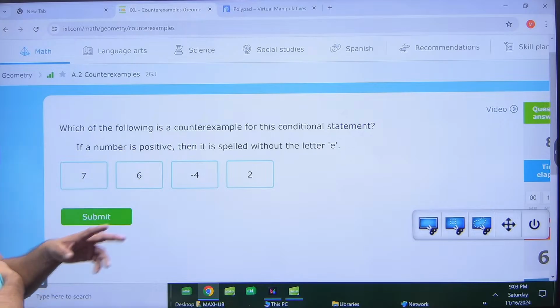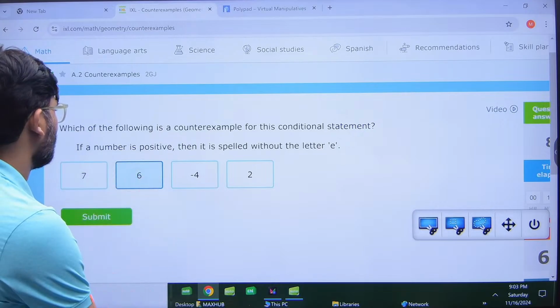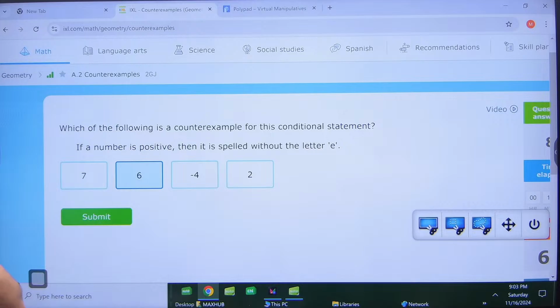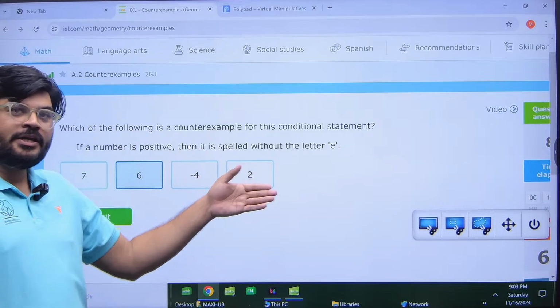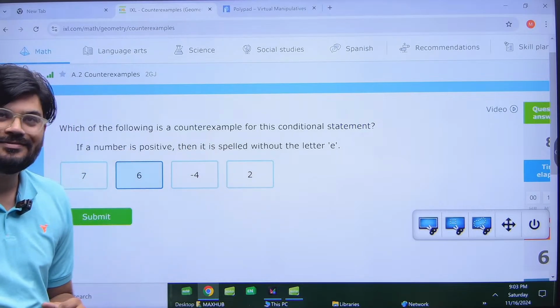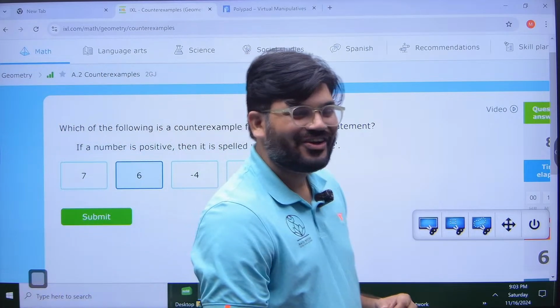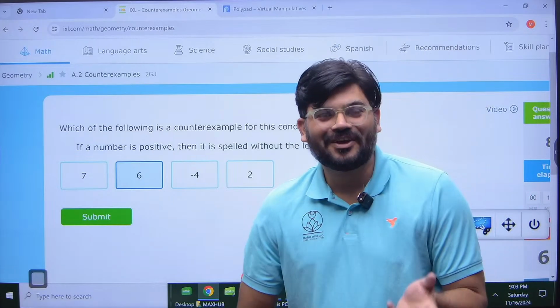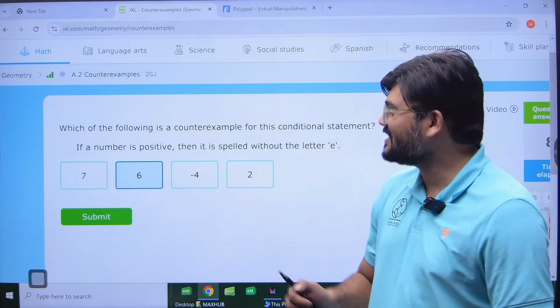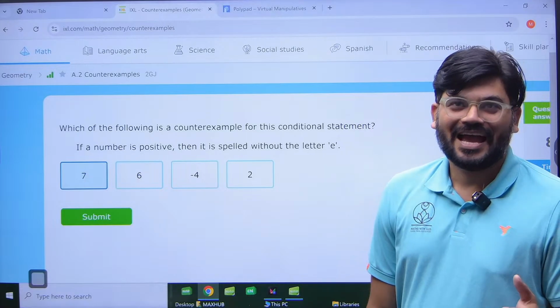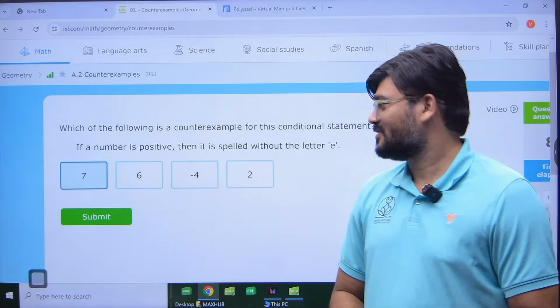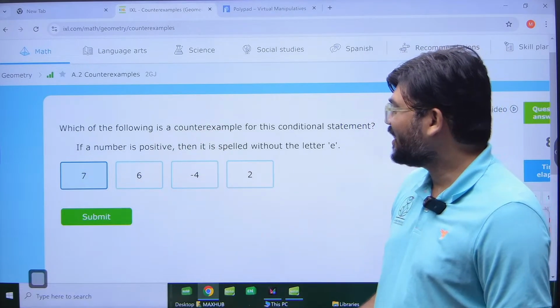What about 6? That's also possible. But in both the cases, they are saying it is spelled without the letter E. You don't have E in 2, you don't have E in 6. So, it is correct only. You have to say the counterexample. So, it is 7. 7 is positive and you have E in that as well. Are you getting it?